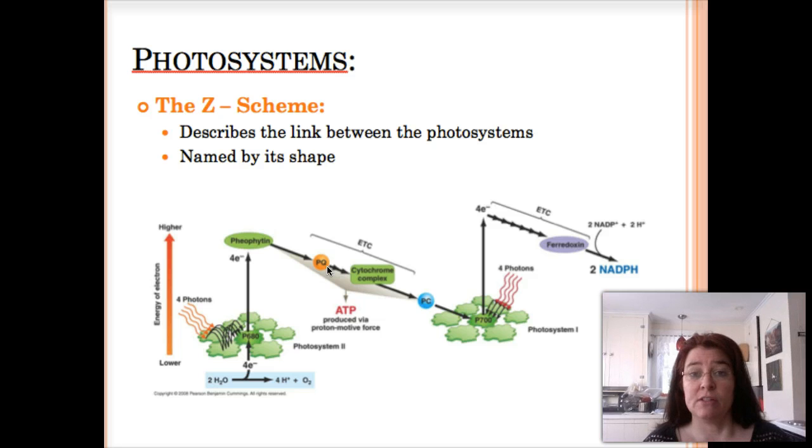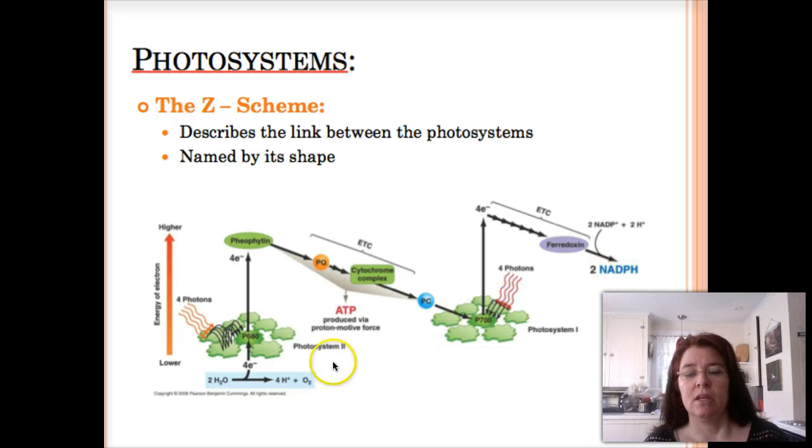Plastoquinone also generates a proton gradient, which flows through ATP synthase and helps to make ATP. Over here in photosystem 1, we have photons coming in and interacting with the pigment in the antenna complex, ultimately exciting electrons in the reaction center, which are then passed into the electron transport chain, reduce ferredoxin, and ultimately produce NADPH.